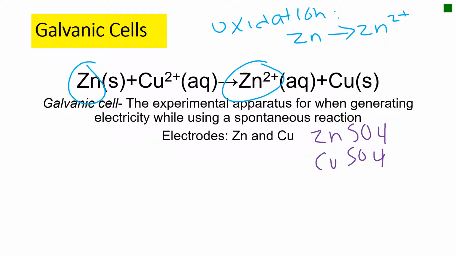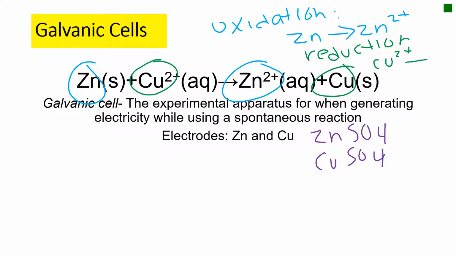The reduction would be Cu2+ going into Cu. They are both taking place simultaneously, with the transfer of electrons through the wire that I previously mentioned.